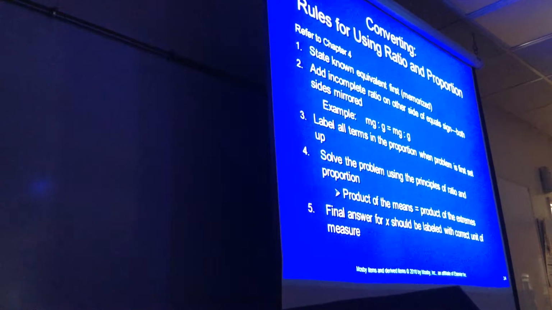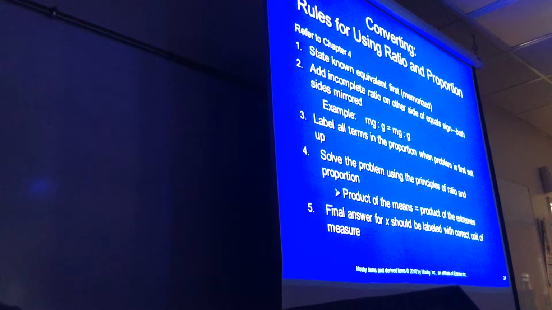So make sure that you understand we can convert using rules, ratio and proportion. When we talked about that, the means and the extremes, it's a way we can use to do some conversions. So you have to state the known equivalents first, okay? And then you can put the incomplete ratio on the other side.